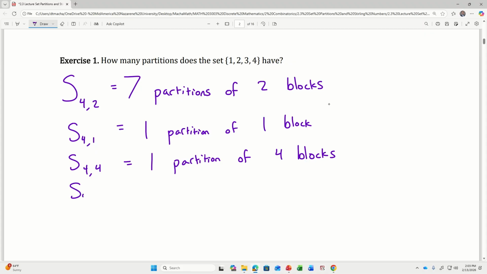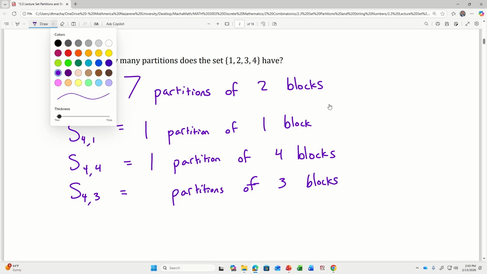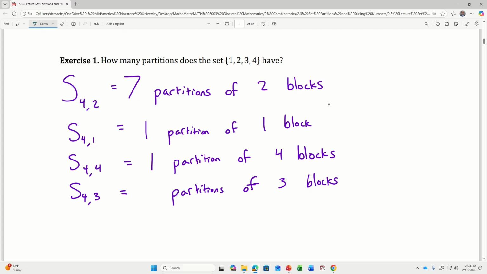And then, okay, the more interesting question now is how many partitions of 3 blocks exist? So we've got elements 1, 2, 3, and 4.